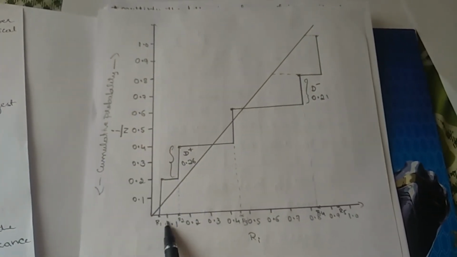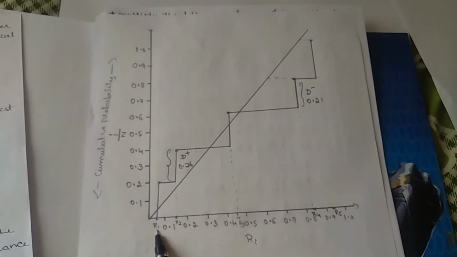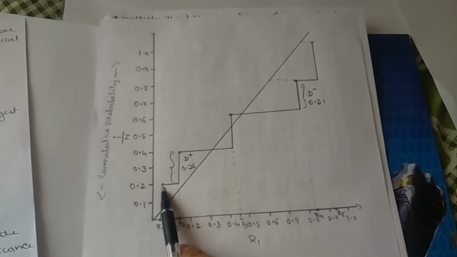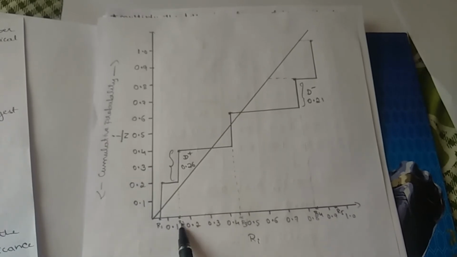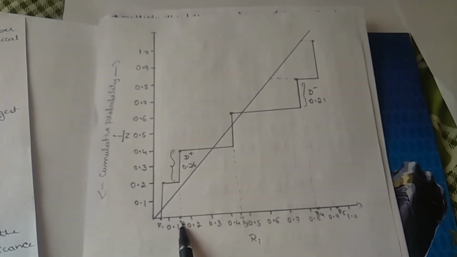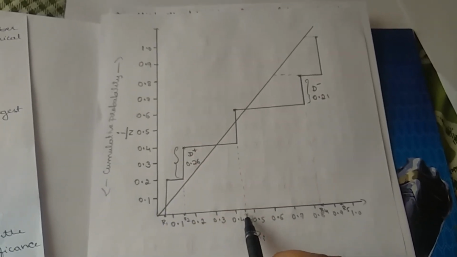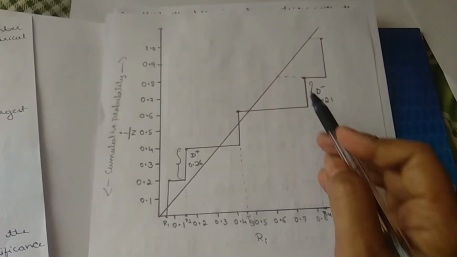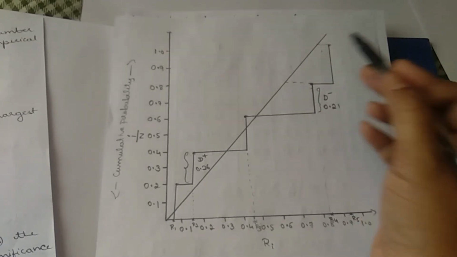See, I'll plot Ri, that is R1 0.05. The first cumulative probability is 0.2 for that one. I'll mark it like this. Then R2 is 0.14 and the i by n value is 0.4. I'll mark here. Likewise, random number R3 0.6, random number R4 0.8, random number R5 1.0.